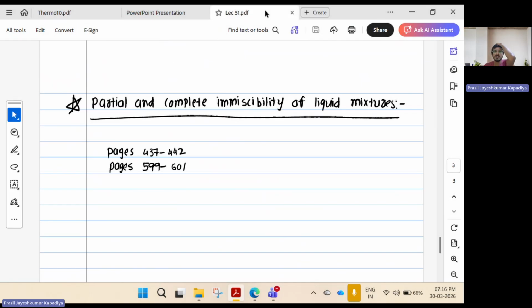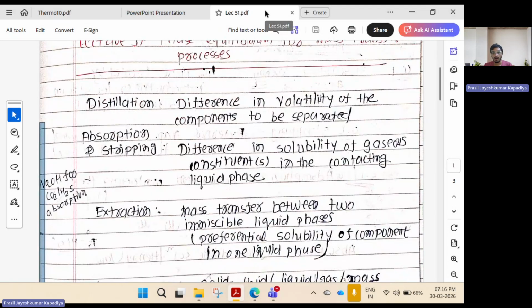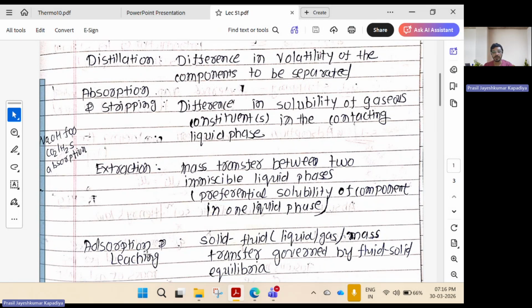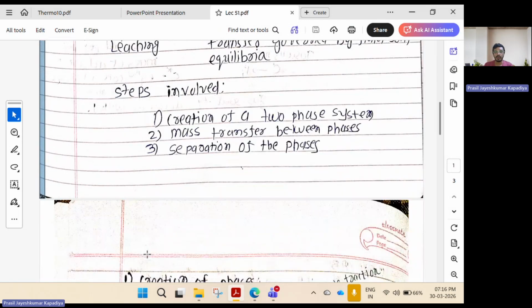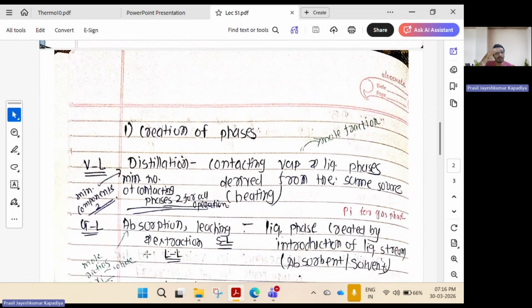And then we had a look at the various operations where these concepts are directly used: distillation, absorption or stripping, then extraction, adsorption, or leaching. We have seen distillation is liquid-vapor equilibrium, where a minimum of two components is required, absorption is gas-liquid, leaching is solid-liquid, and extraction is liquid-liquid.